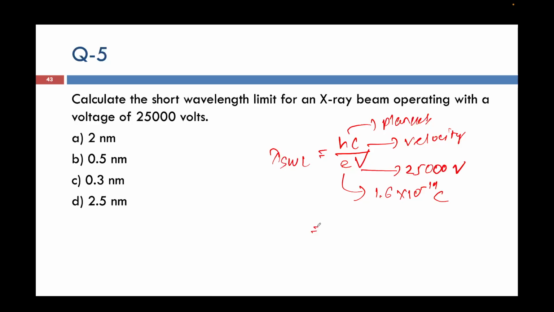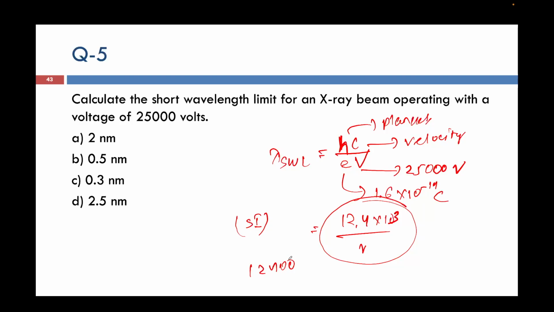I think this comes to something close to 12.4 into 10 to the power 3. Just check, put in all these terms divided by V, with all units in SI. You will get the answer, that is 12400, 12.4 into 10 to the power 3. Yeah, correct.